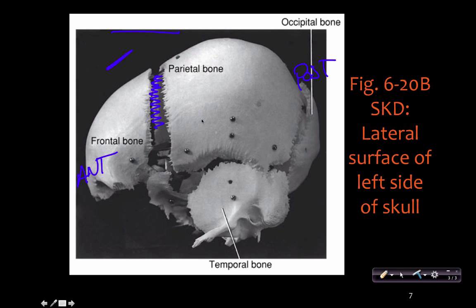So we're seeing the frontal bone separated out from the parietal bone on the left side. The same thing is happening here. There is a suture line here, and the temporal bone has been pulled away. And so as we're looking at the temporal bone, it's this big chunk of bone over here that's been pulled out of the skull.